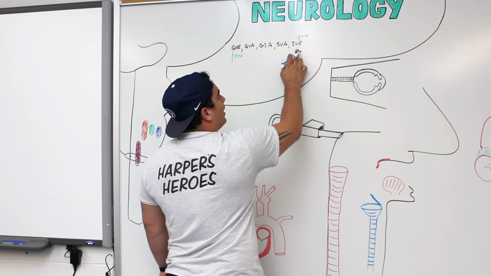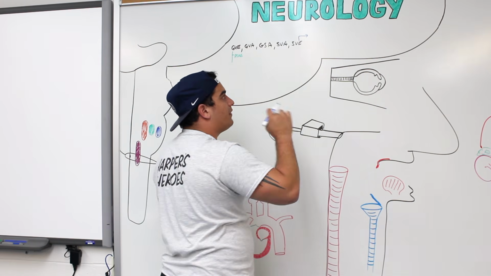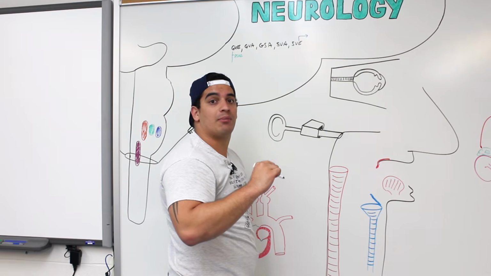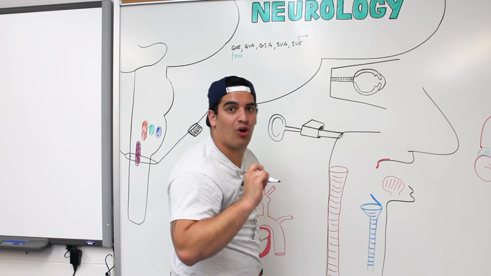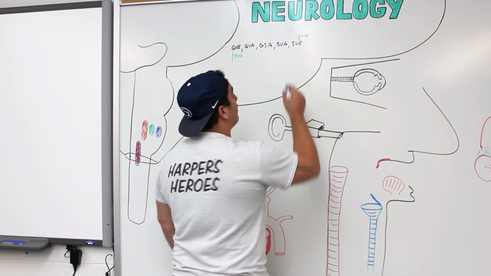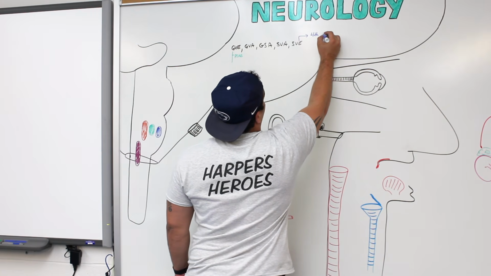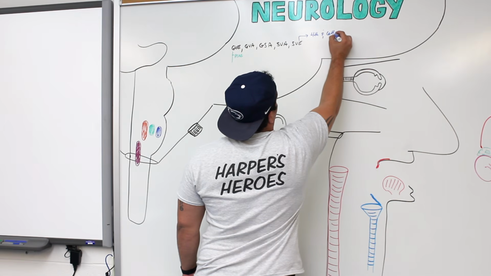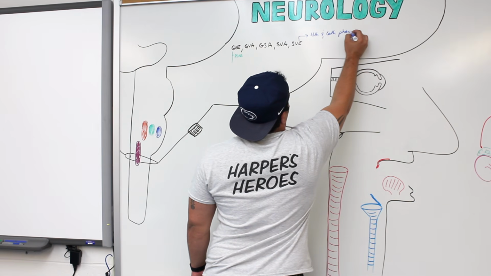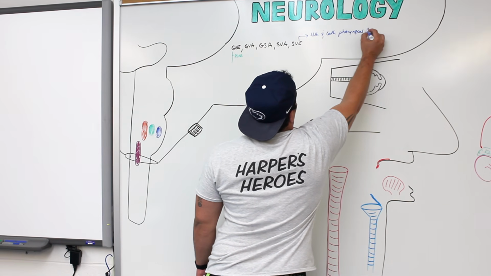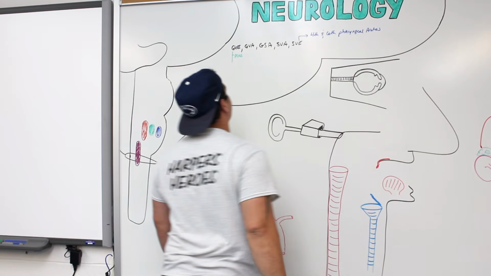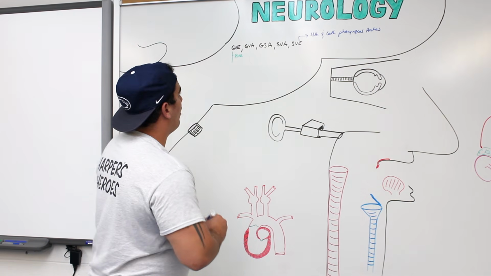If you remember, the SVE fibers are special visceral efferents, and they're supplying those muscles that were derived from the pharyngeal arches. The vagus nerve is supplying those muscles that were derived from the fourth and sixth pharyngeal arches.